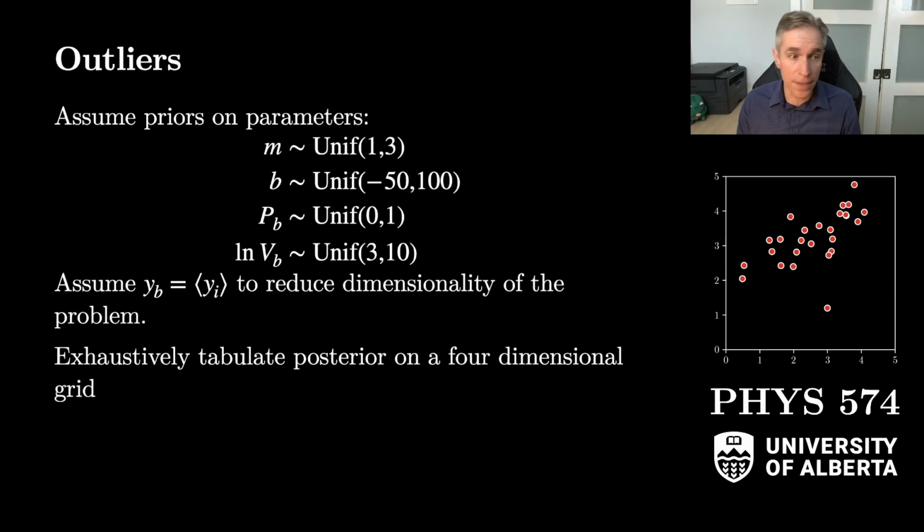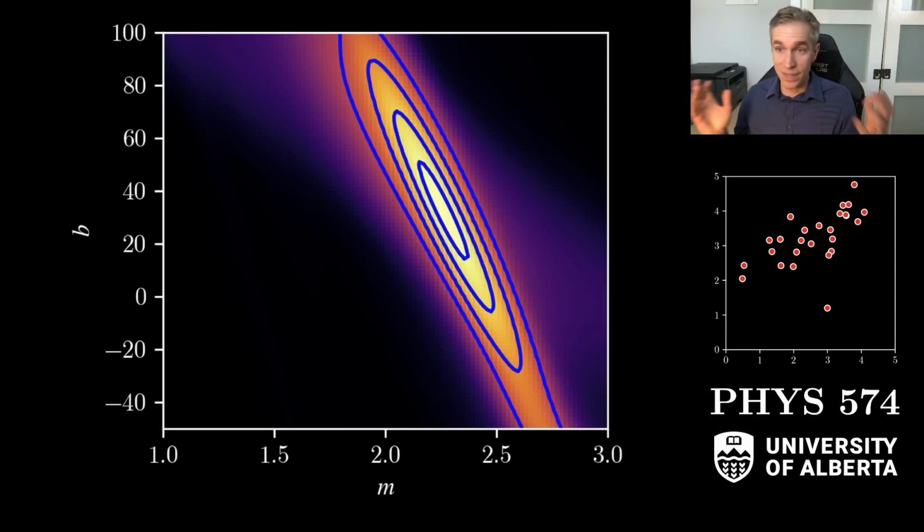So I tabulated every probability on this 4-dimensional grid, and in doing so, I get a space that looks like this. Now, this isn't a 4-dimensional space. This is the full probability, where I've integrated along the P_B and the V_B axes to show you the posteriors for the slope and the intercept.